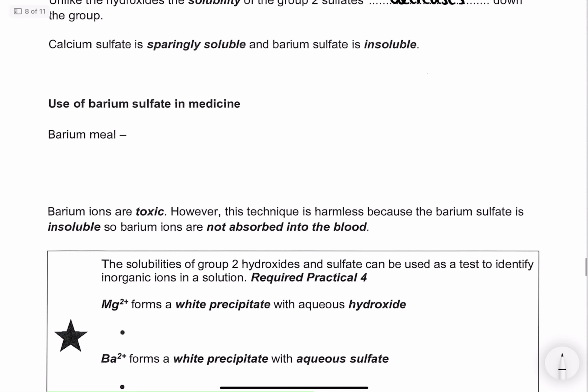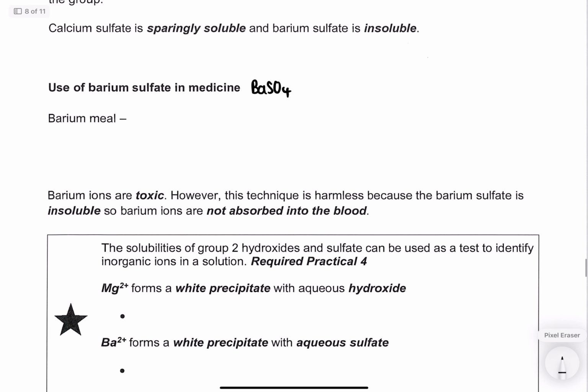And then we're going to look at the uses of barium sulfate in medicine. So barium sulfate is opaque to X-rays.